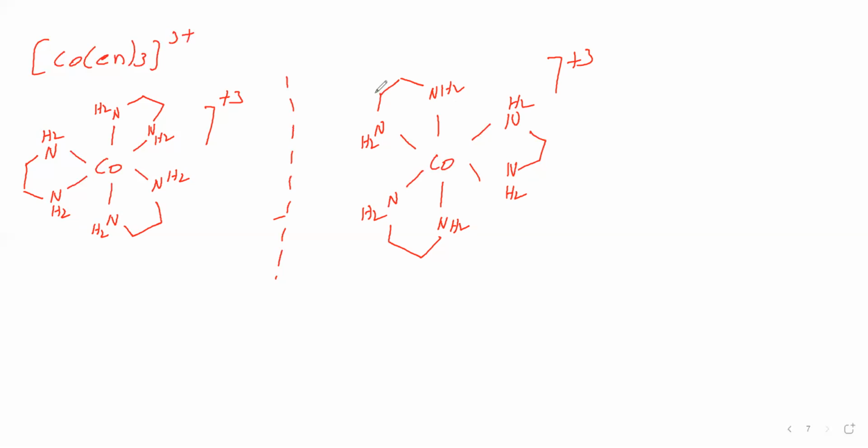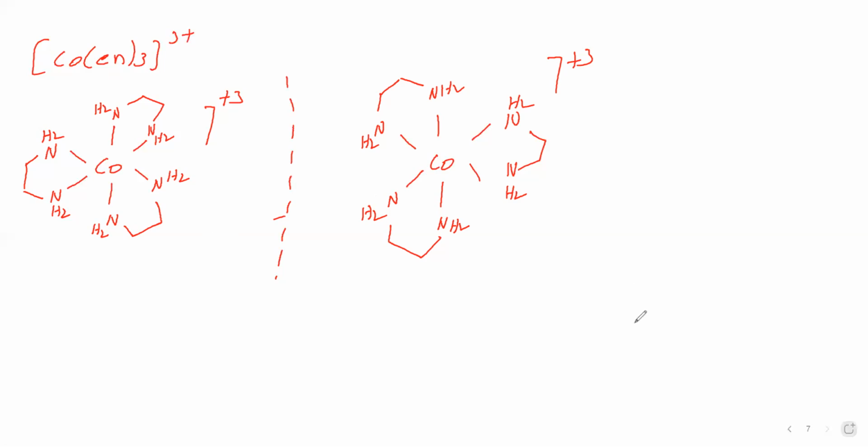Therefore this part and this part will not superimpose. Similarly, this NH2 is a front NH2; on rotating 180 degrees it will go to the rear, but the other NH2 is a front NH2. Then this part and this part will not superimpose. Therefore, these two mirror images are non-superimposable mirror images, and it will show optical isomerism.